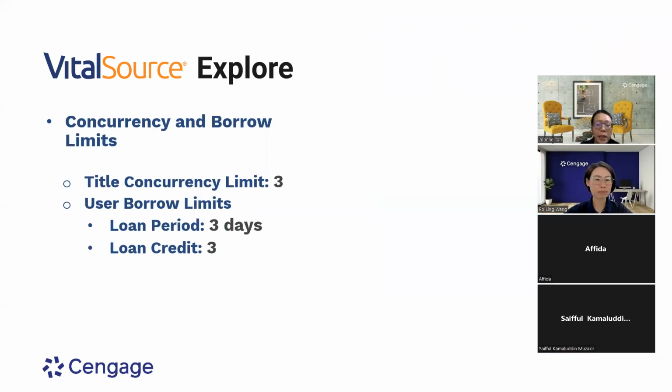Okay, so next will be the subscription that the library has acquired. It includes both the concurrency and the borrow limit. So what is the title concurrency limit? It controls the number of times an individual title can be accessed by all users of a subscription at the same time.